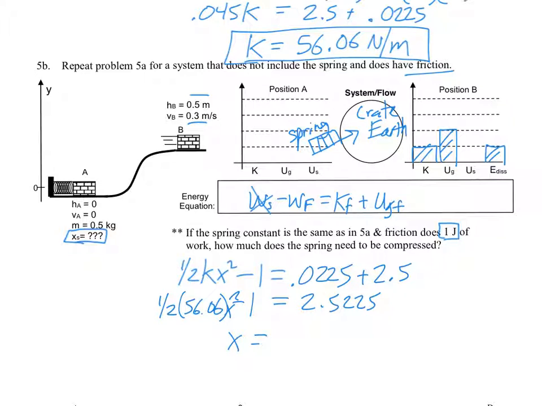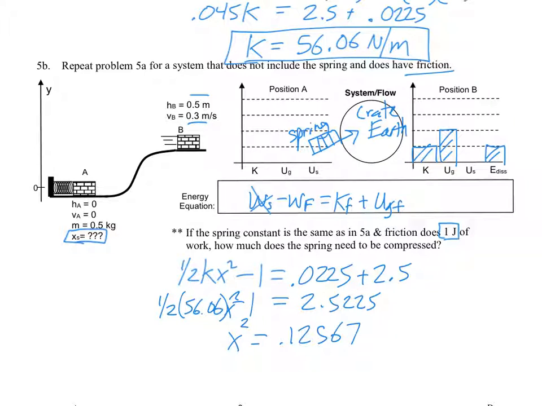So doing the math, if I move that 1 over, my 2.5225 ends up being 3.5225. I'm going to divide by half and divide by 56.06, and that gets me 0.12567.